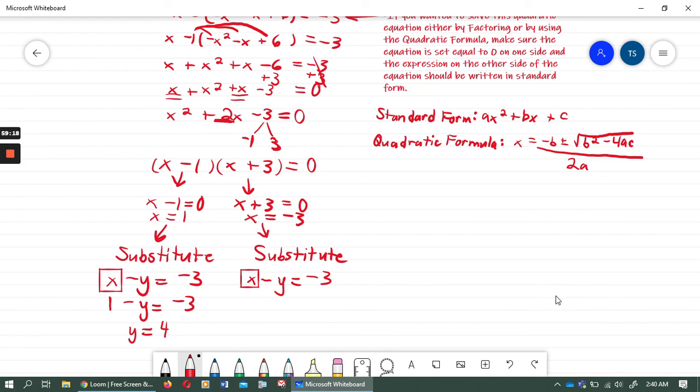And then if we substitute this x value here, -3, in there, that's -3 minus y equals -3. And then if we solve this equation, we add 3 to both sides.